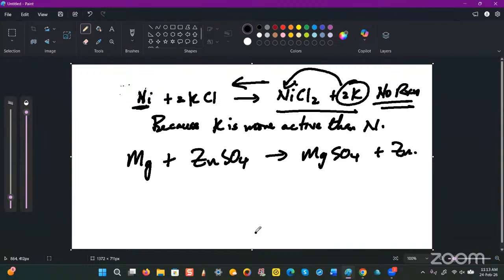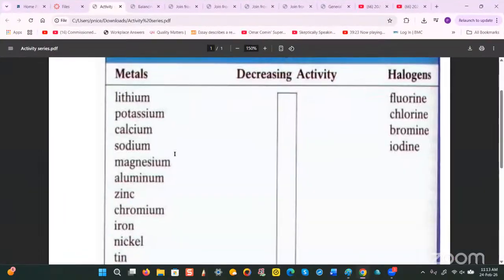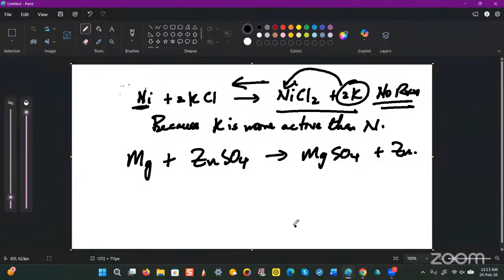Again, the question is, will this reaction take place? Again, we have to consult the table to see where magnesium and zinc are relative to each other. So if you go to the table, you see that magnesium is here and zinc is 2 places down. So that tells us that magnesium is more active than zinc. So therefore, we can conclude that this reaction will take place.